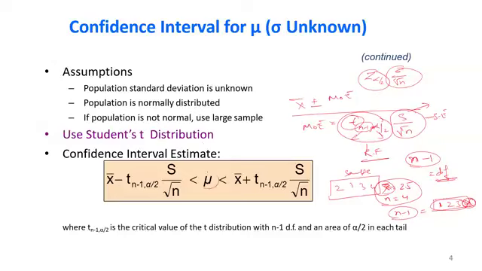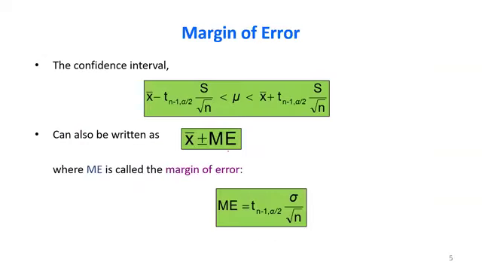The population mean lies within this confidence interval, from X bar minus the margin of error to X bar plus the margin of error. So in between this range, your population mean lies. That is the information this confidence interval estimate provides us.